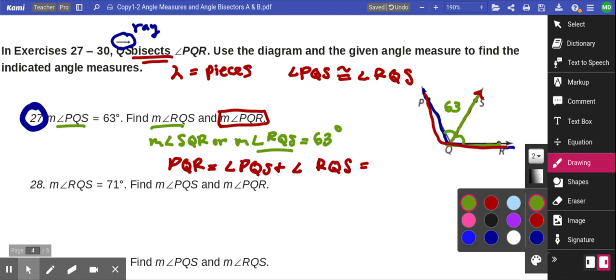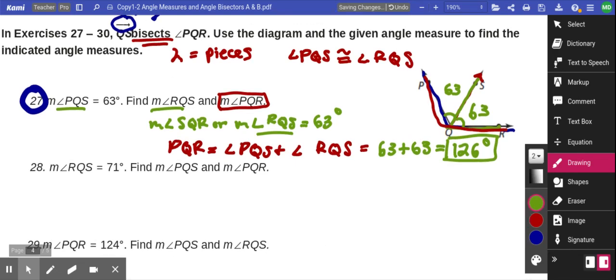And if both these pieces are 63 degrees, well, 63 plus 63 is going to give us our whole angle of 126 degrees. So angle PQR is equal to 126 degrees.